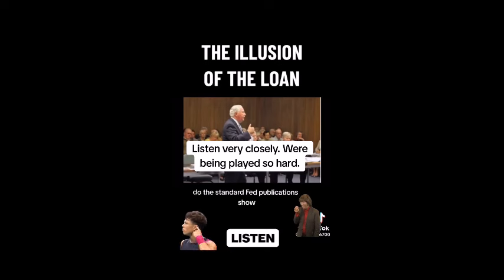Do the standard Fed publications show the bank receives actual cash value from the borrower for free, and that the bank returns it back to the borrower as a bank loan? Yes. Okay. Do you believe the bank does this without the borrower's knowledge or written permission and authorization?